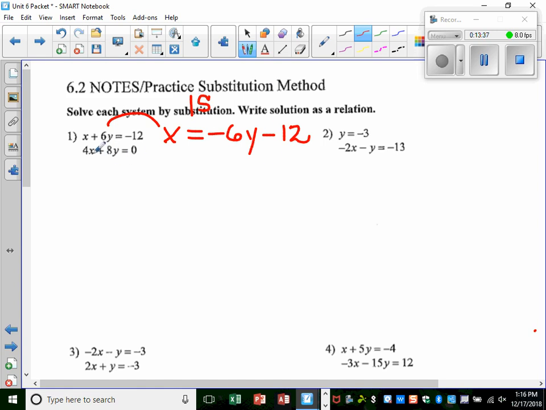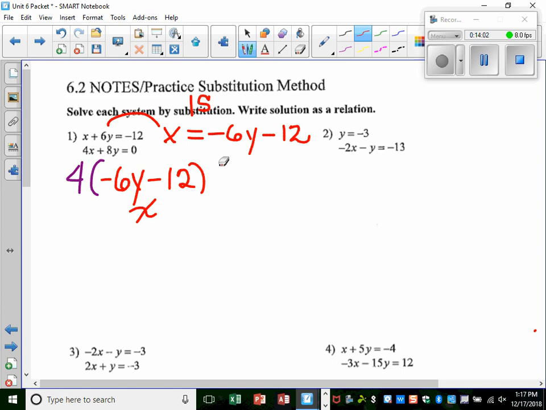So where I see x here in the other equation, it is now going to be called negative 6y minus 12. We're going to substitute it. It's no longer x because I'm saying x is negative 6y minus 12. Here's my substitution right here. There's my substitution for x. This is my x.